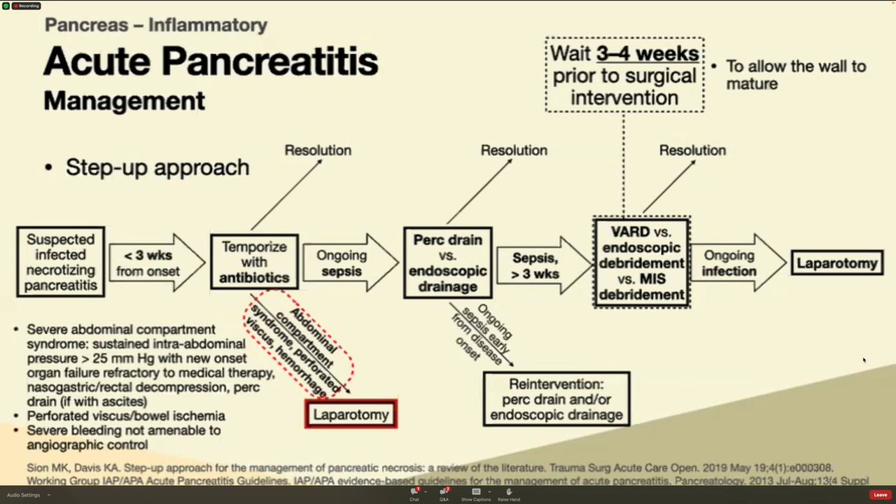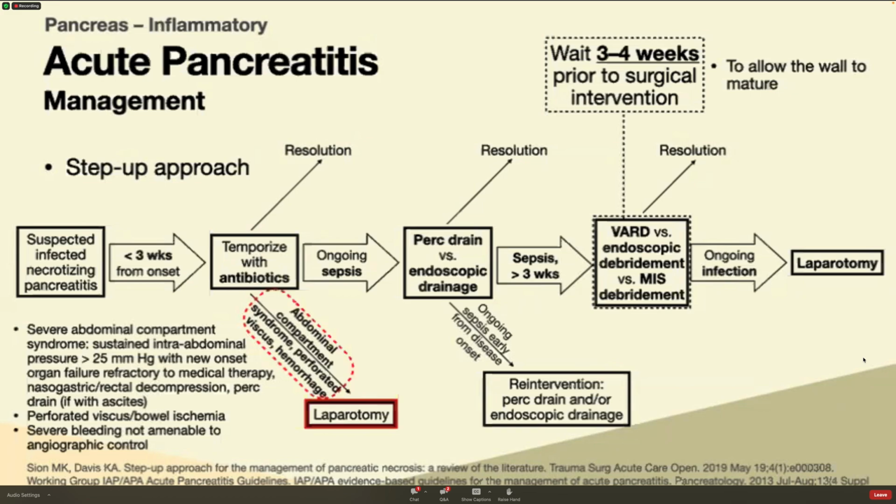Then see if it works. If the patient is still septic and it's still less than 4 weeks, then do drainage such as percutaneous drainage or endoscopic drainage. Then, if the patient is still septic and it is already more than 4 weeks, then you can already do the VARD or the endoscopic debridement or minimally invasive debridement. If this is not enough, then that's when you do a laparotomy.